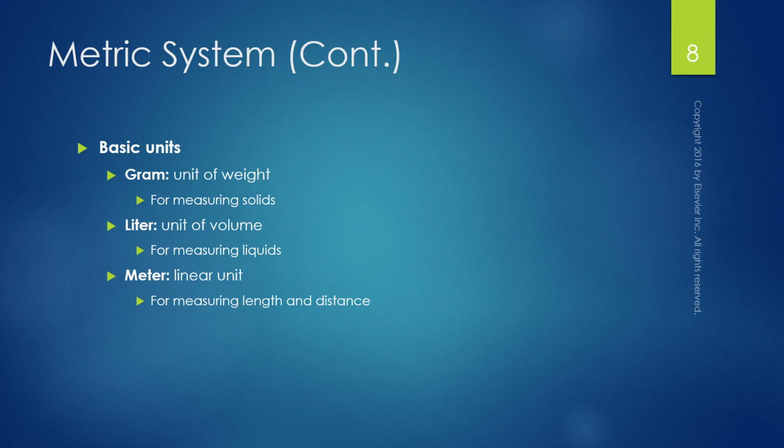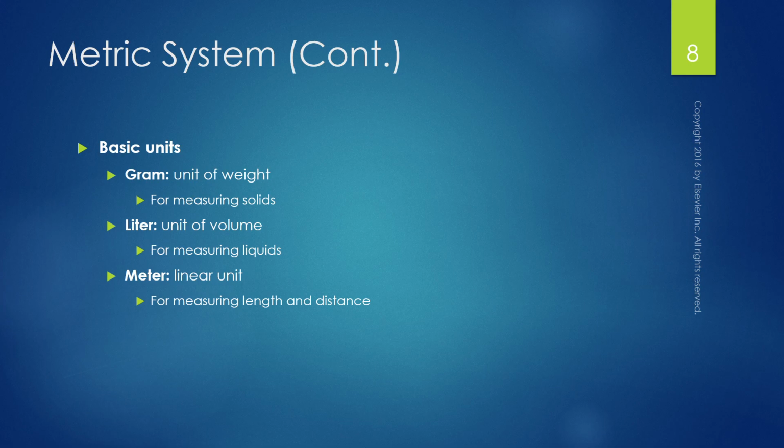The gram unit of weight is used for measuring solids. Medications are measured in grams or usually milligrams. The liter is a unit of volume for measuring liquids. Think of a Nalgene bottle, those clear water bottles with the graduated markings on them, clear plastic water bottles. A liter in size. A liter is a typical measurement.